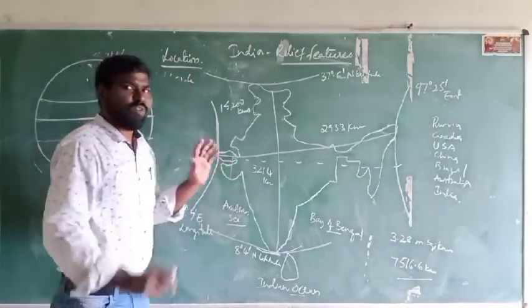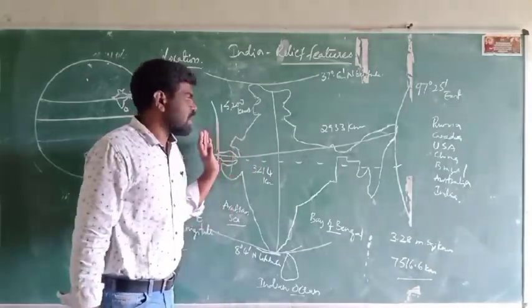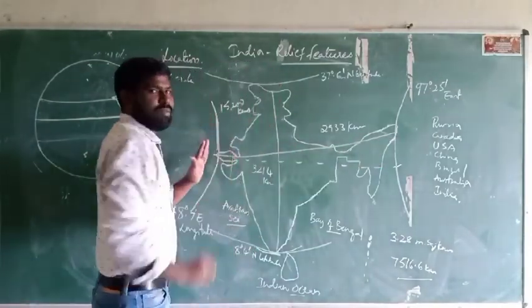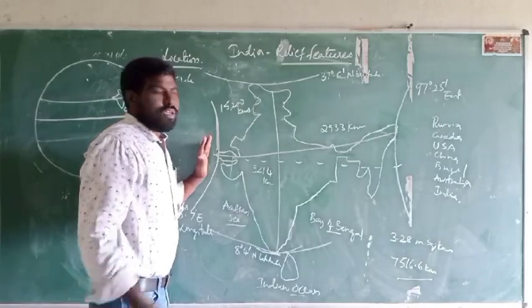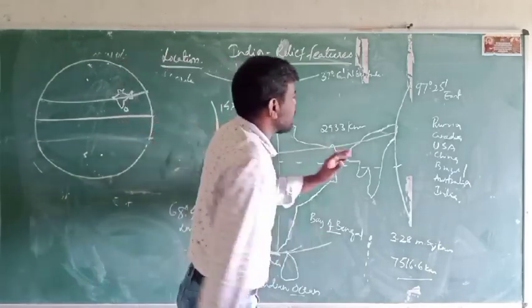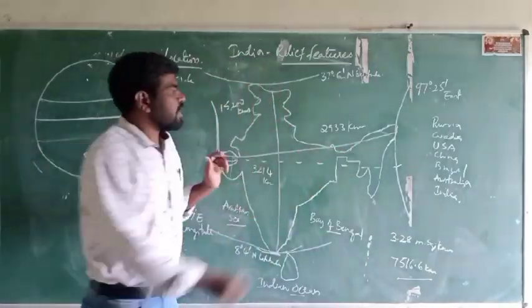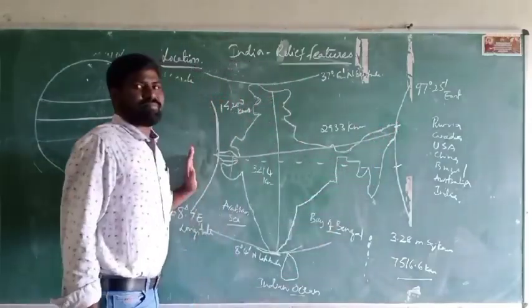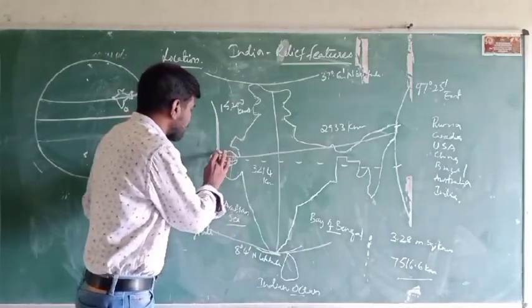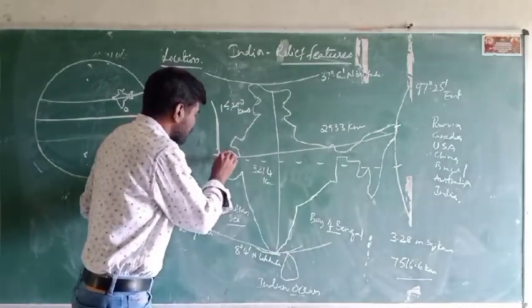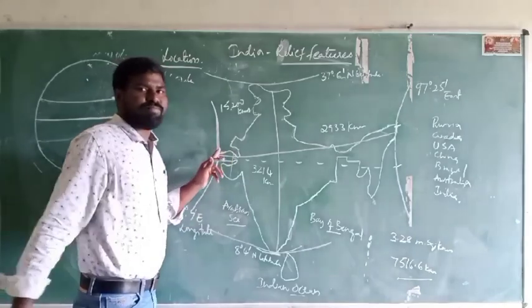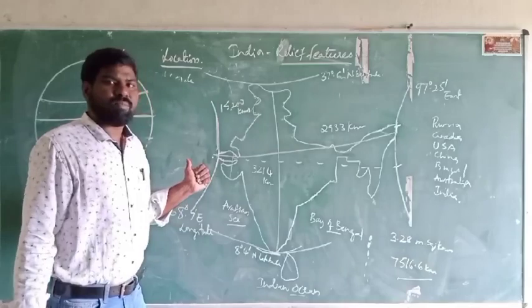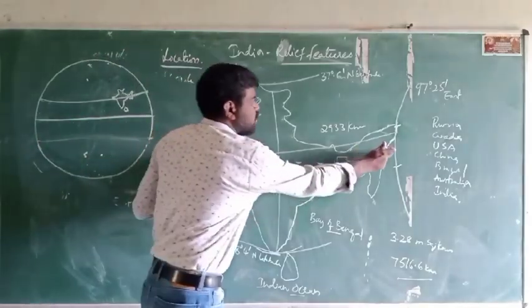Now with a 30 degrees longitudinal extension, the sun rises 2 hours earlier in the easternmost part of Arunachal Pradesh compared to Dwaraka in Gujarat. The time difference is 2 hours because of this 30 degree longitudinal extension.